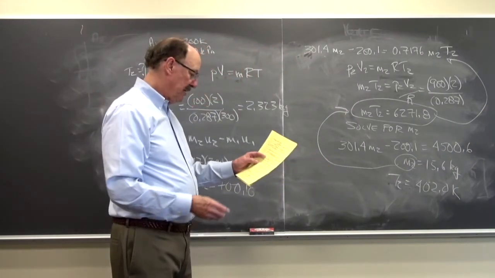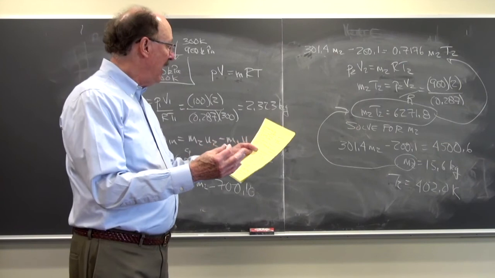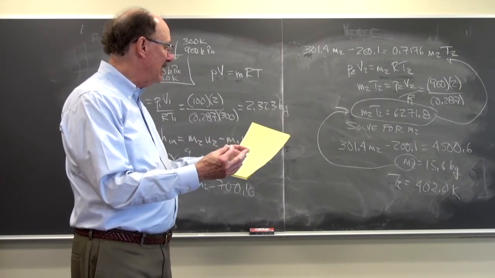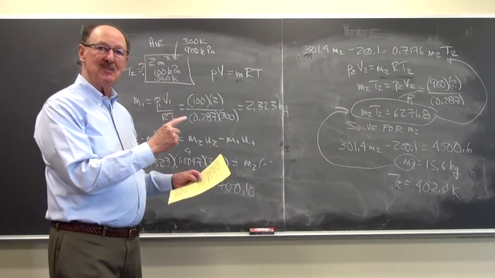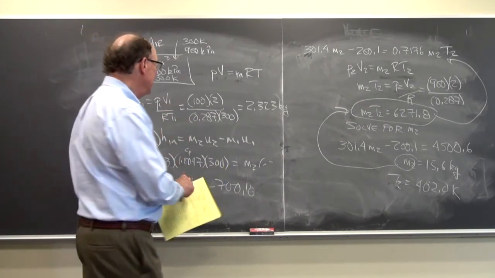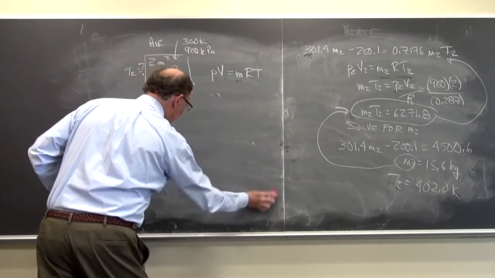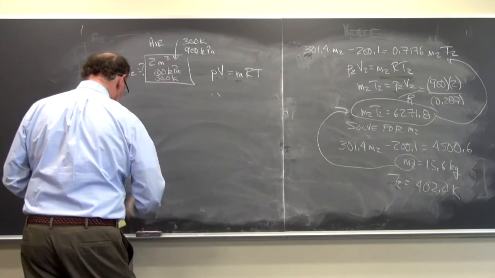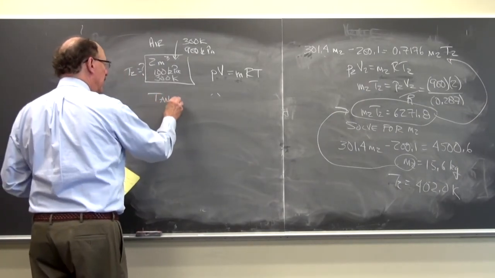So we have T2. Now, let's see how much mass would be in the tank if the tank were empty. So I did the hard problem first. Now let's do the easy problem. Tank empty.